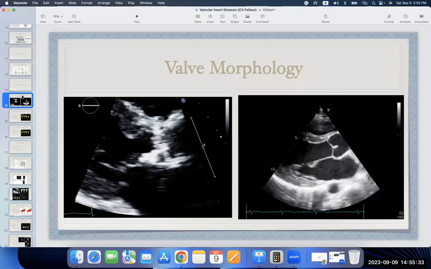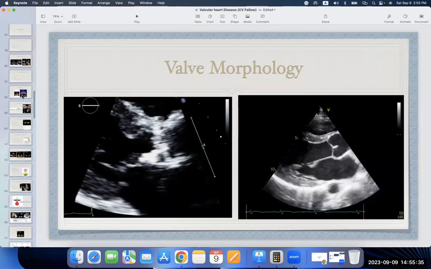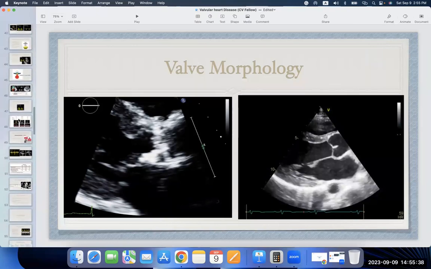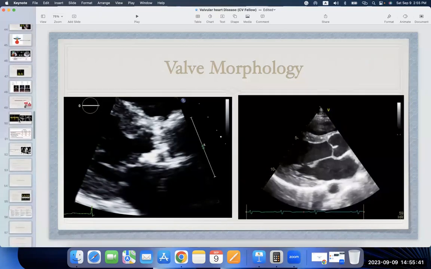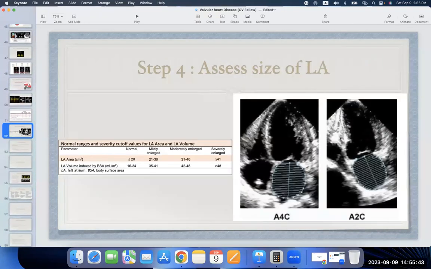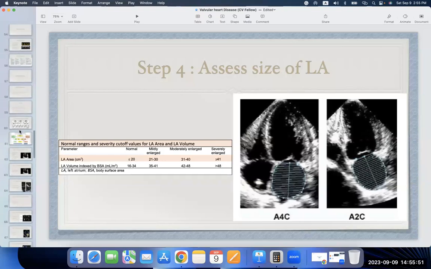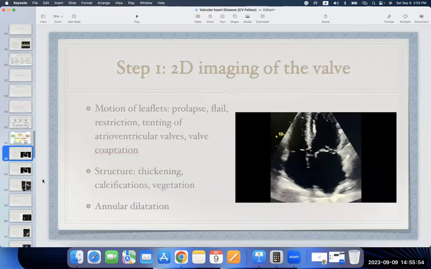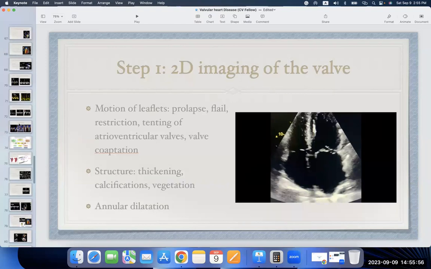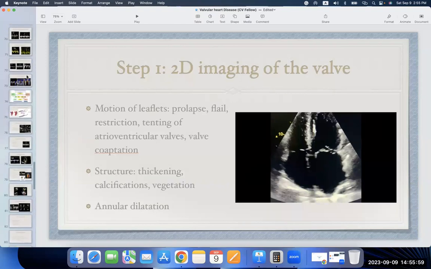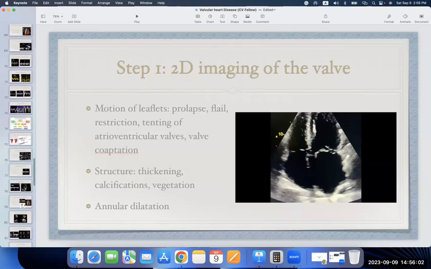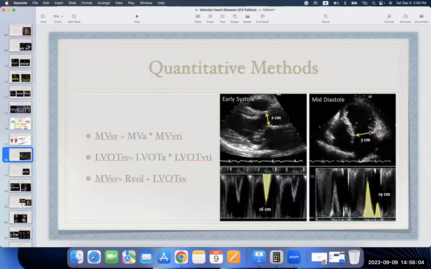Good question. The way we usually calculate the mitral stroke volume, which is the blood that flows across the mitral annulus, we use the mitral annulus. We don't like to use the area itself. Let me open the images to show you. Make sure you measure the annulus, because we are measuring the flow of volume across the mitral annulus.